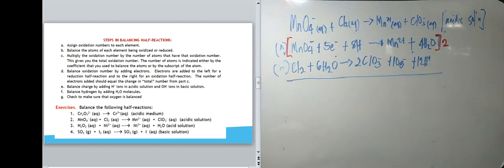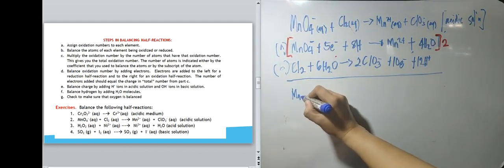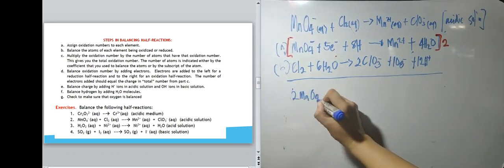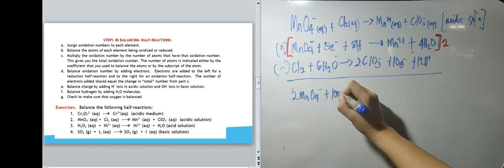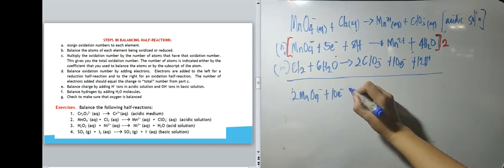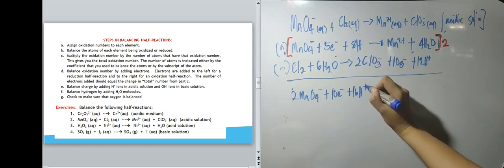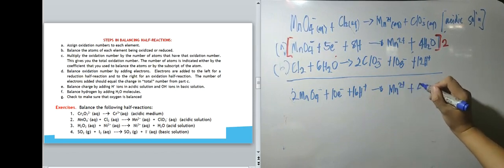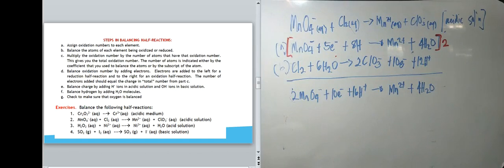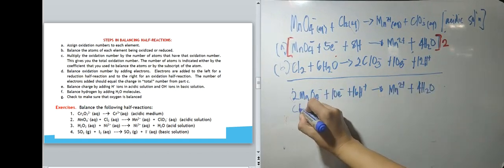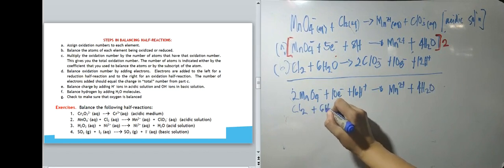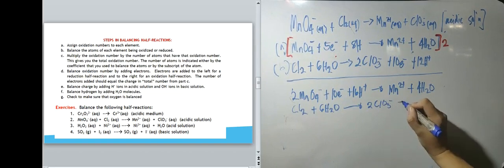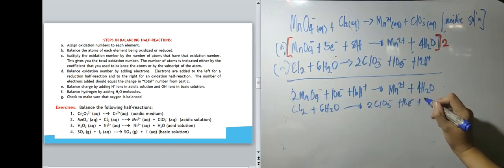So therefore, we have 2 MnO4 negative plus 10 electrons plus 16 H positive to 2 Mn2 positive plus 4H2O. Okay. And then we just need to rewrite the second half reaction, Cl2 plus 6H2O plus 12H plus.